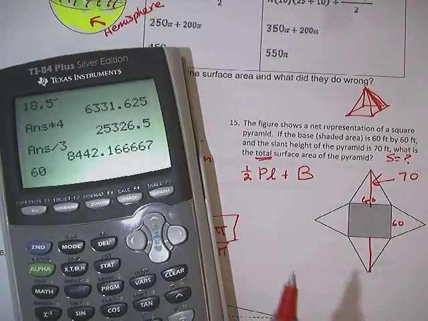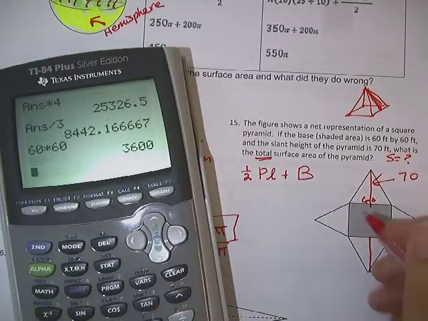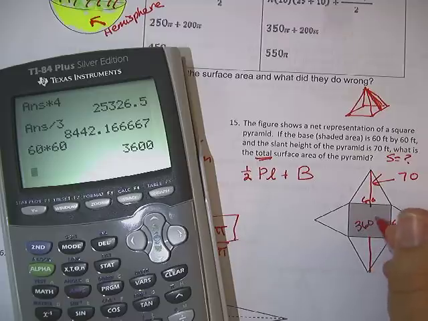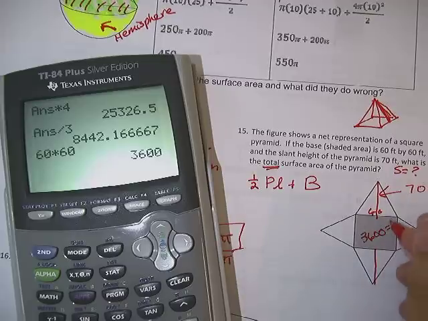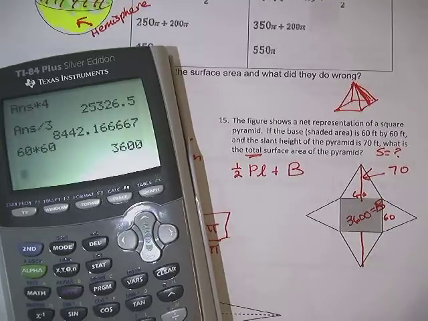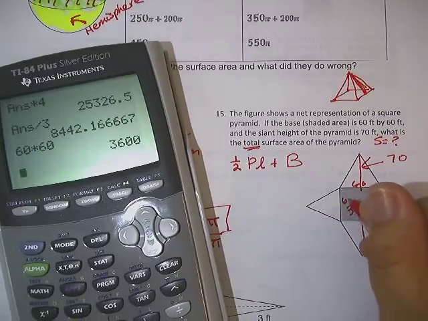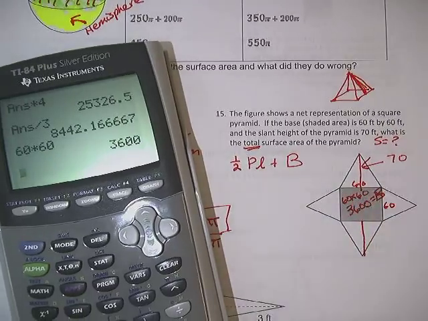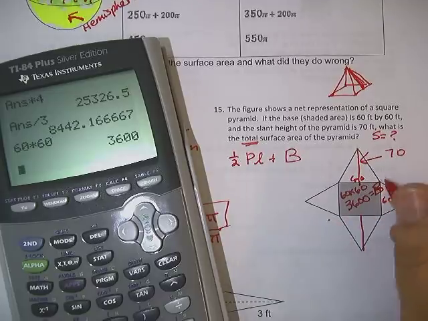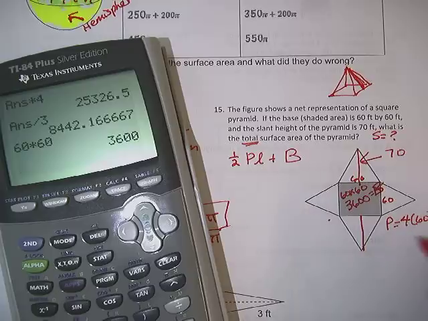So 60 times 60 is 3,600 of this base. In fact, I'll just call it B. The perimeter is the distance around. The perimeter equals 4 times 60, which is 240. And I should say feet.